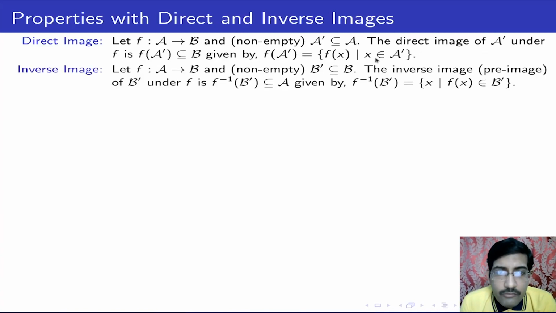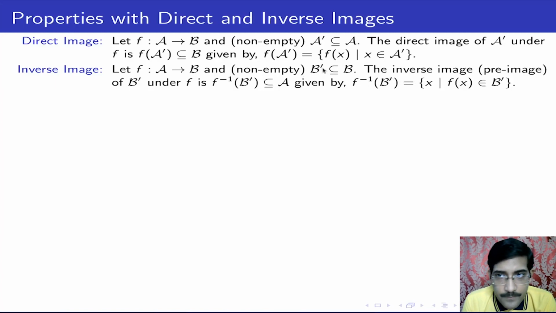In the same vein, we can define the inverse image as well. Inverse image says that if there is a function from A to B and there is a non-empty B' which is a subset of B, that means I am now taking a fragment from the codomain. Obviously that fragment must have some elements from A associated with it, so I will take those elements from A as my inverse image.